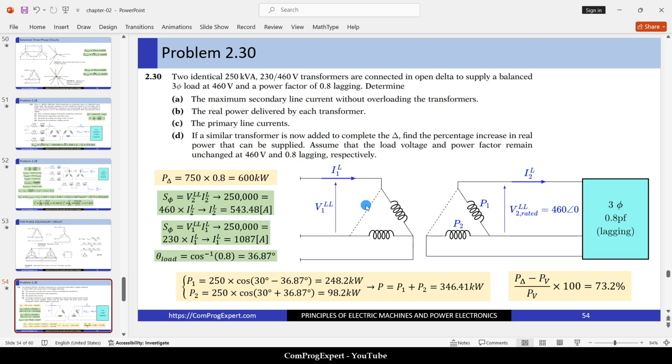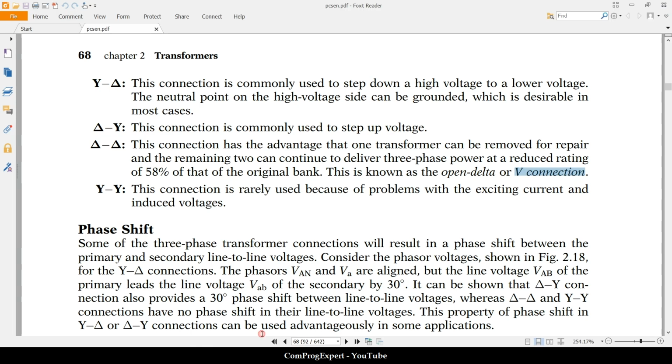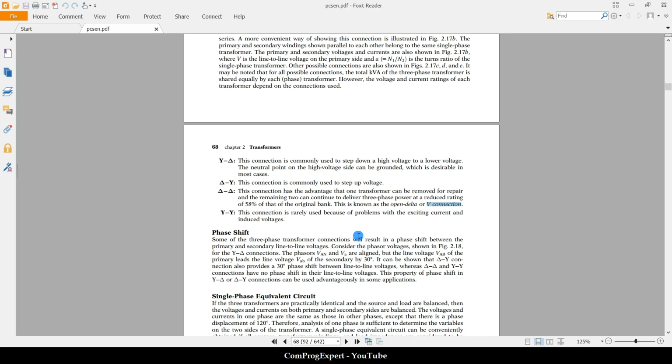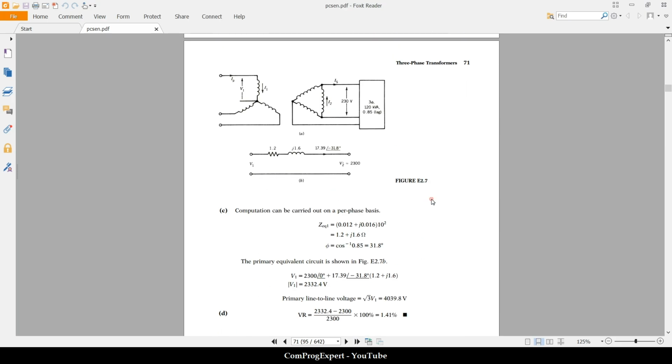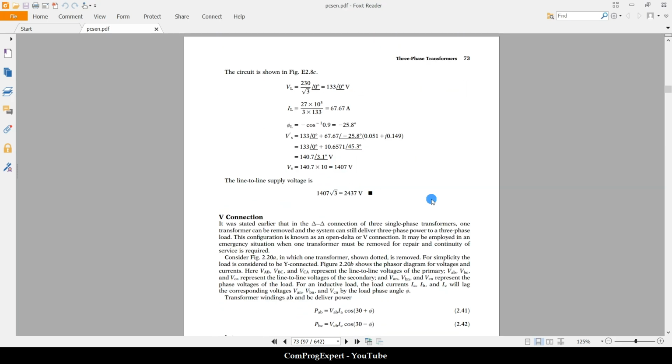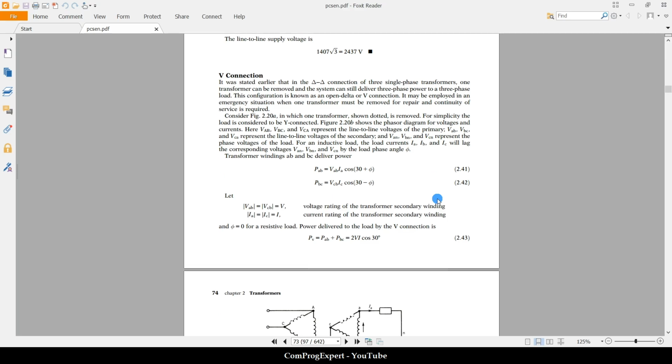Yes, when we remove this single phase transformer, we also remove the corresponding one here, and the load can be supplied using this V connection. So in this V connection, how can we calculate the value of the power delivered to the load? Here we have this subsection in the reference. You can read that V connection.